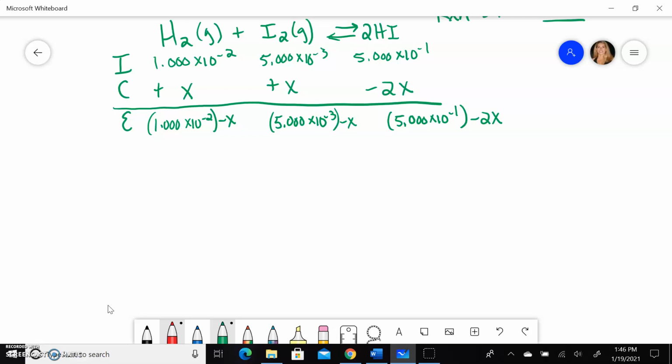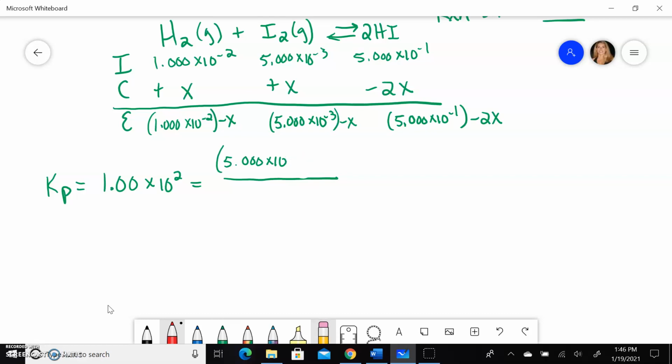And so now we can use Kp to set up our equation. It's a -1.